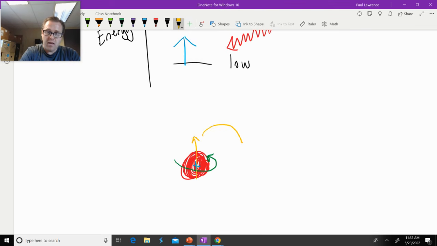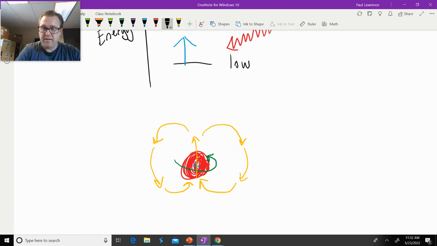Okay? Try and draw these arrows here. And it creates this magnetic field. And so this magnetic field, kind of analogous, looks like a bar magnet. And when we have a bar magnet, we know we have a north pole and a south pole.